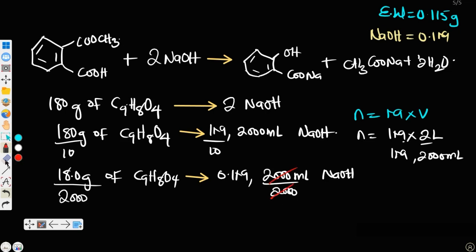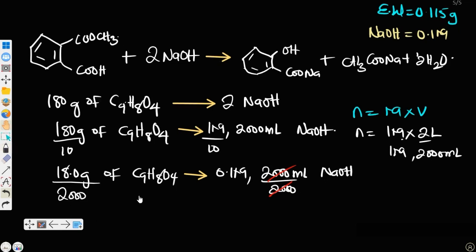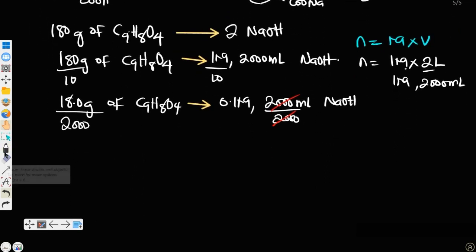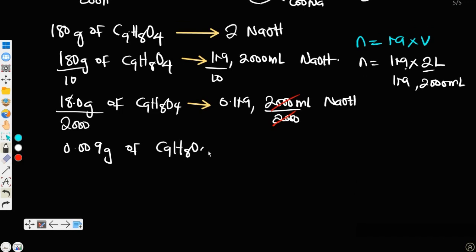So this cancels this. What are we going to have? This divided by this is going to give us 0.009 gram of C9H8O4. We react with 0.1 molar, are you getting it? Then 1 ml of sodium hydroxide. Is that okay?